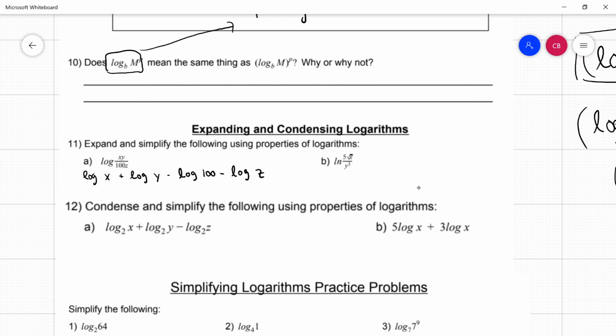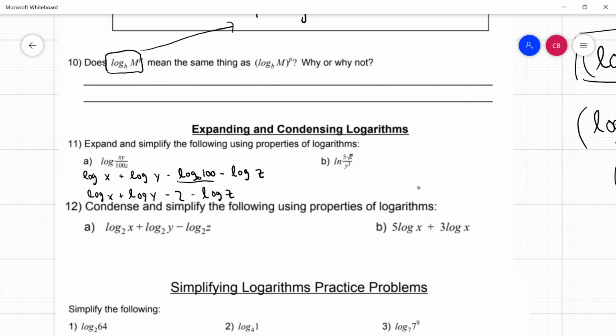Notice x and y were on top, so they're both positive. Z is on the bottom, so it's negative, and 100's on the bottom, so it's negative. Well, that's not fully simplified because this simplifies. Remember, this is log base 10. So this is log x plus log y minus 2 minus log z.